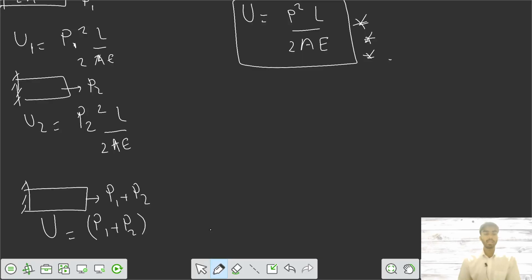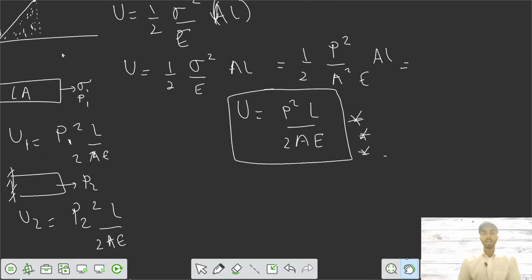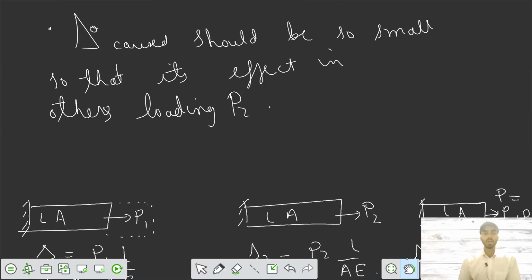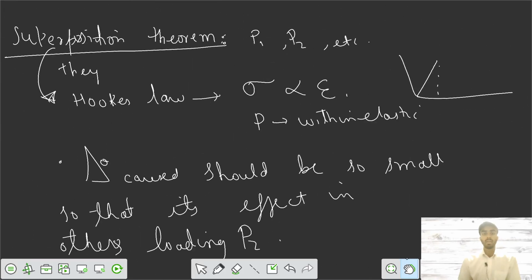So your strain energy is a square function. We said in the assumption or criteria that stress has to be linearly proportional to strain, that is, the load has to be linearly related to the deformation it causes.